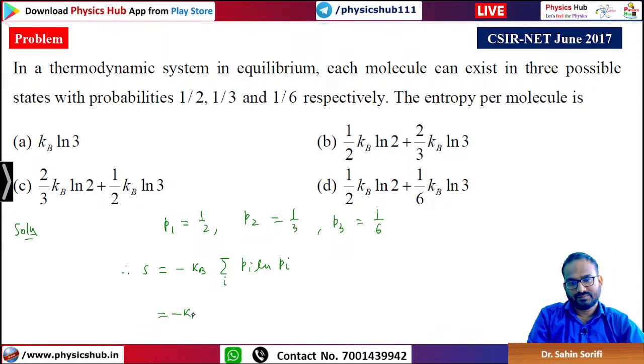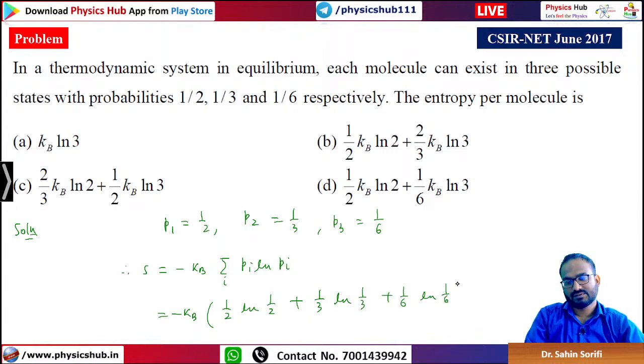So this is equal to minus KB times [half ln half plus 1/3 ln 1/3 plus 1/6 ln 1/6].